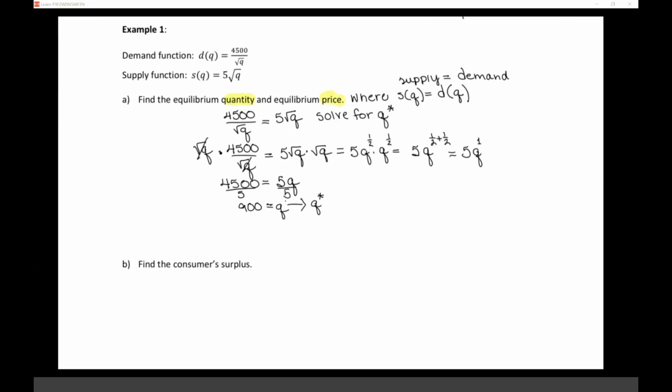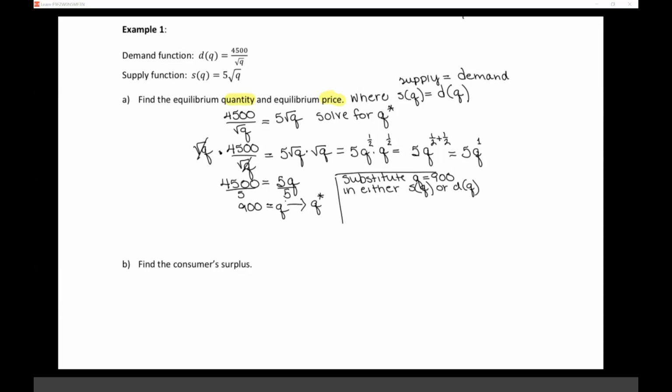Okay, so now what I can do is substitute Q equals 900 in either the supply or demand equation, right?